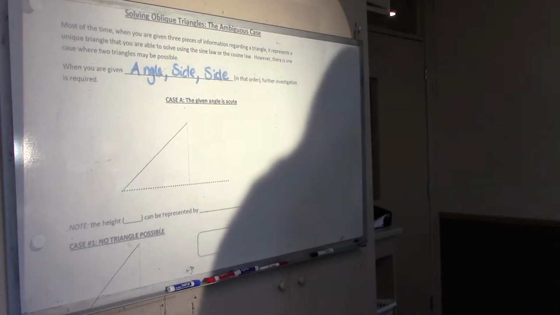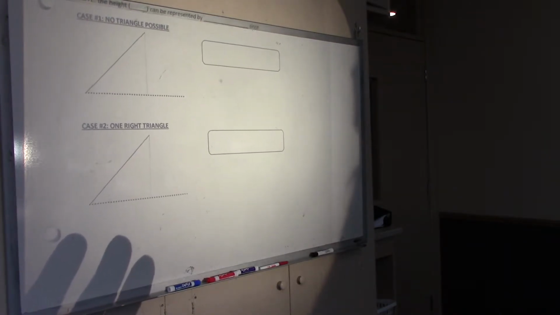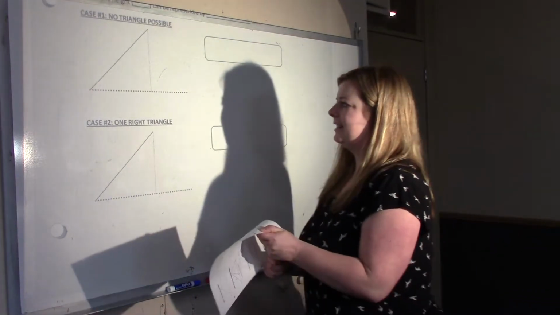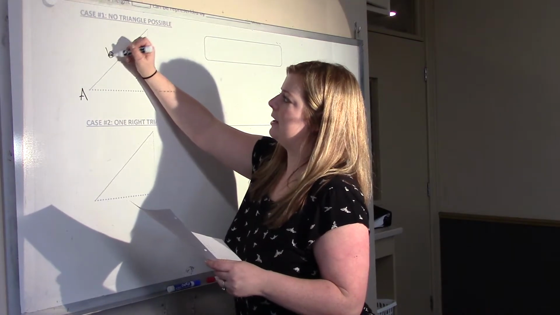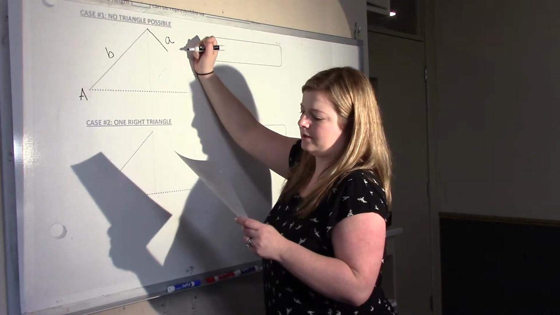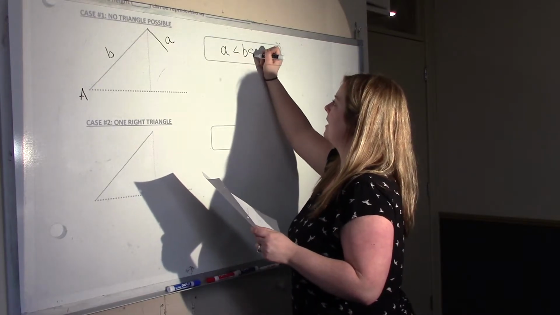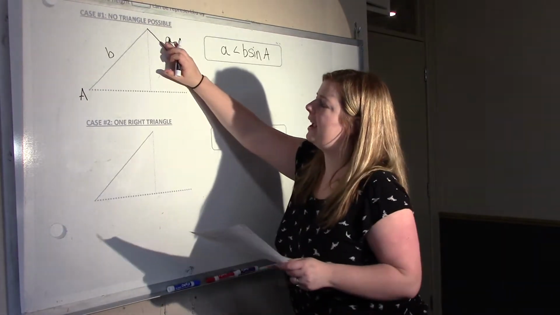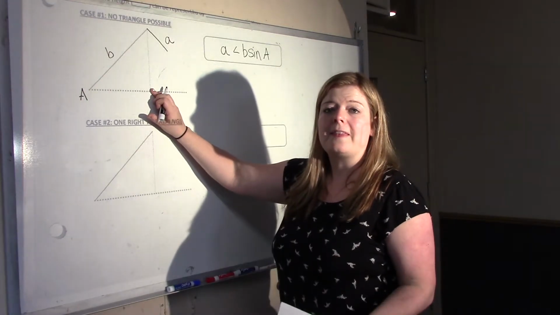Okay, so here we go with our cases. Case 1, there is no triangle possible. In case 1, we're given the angle A and this side length B, but the length of A that we're given, little a, is less than B sine A. What that means is that this length of A is less than the height of the triangle. If that's true, then it's not even possible.